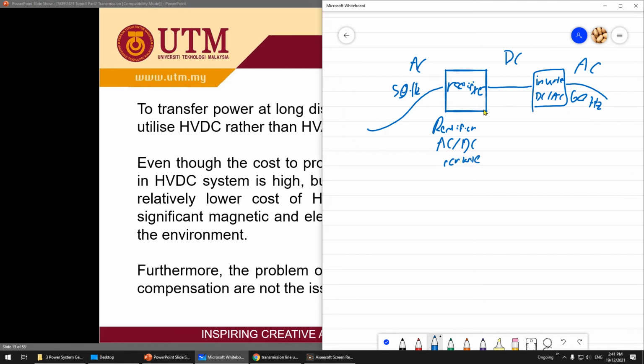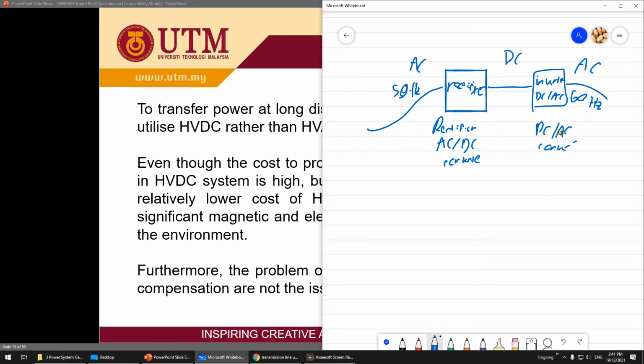Maybe in your 4th year you will learn about this. If you want to make it easy, just remember AC to DC converter, and then DC to AC converter.